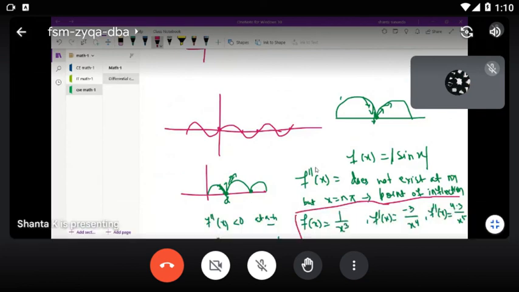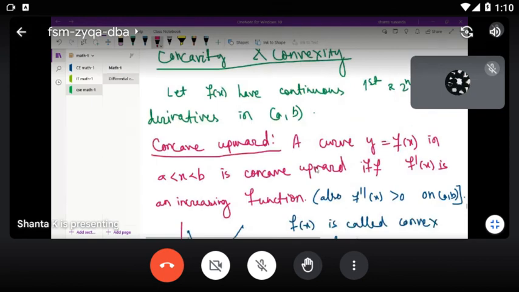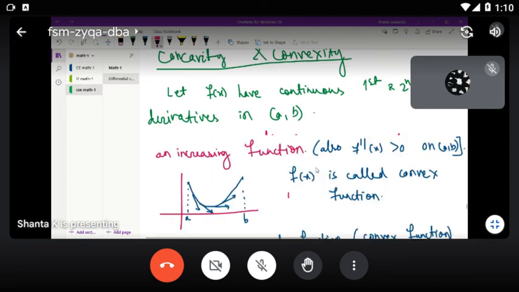Ma'am, is continuity a necessary condition for point of inflection? Like I have written here, this is your definition, for concavity and convexity. Here you should find f double dash x. Since finding f double dash x will be tough, you should look at concave upward and concave downward.